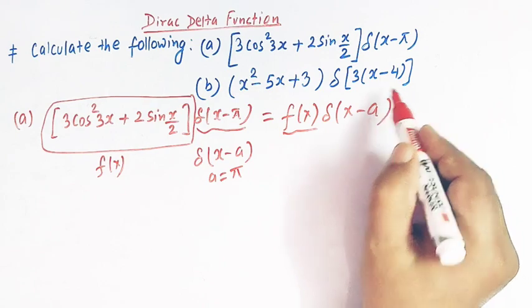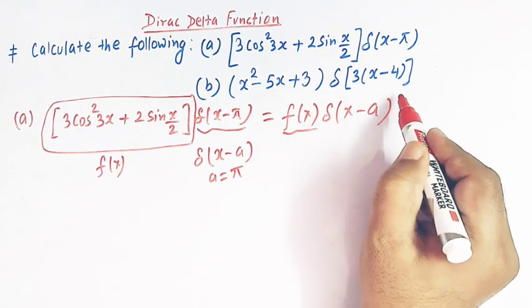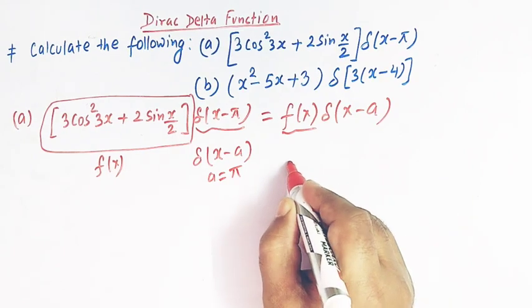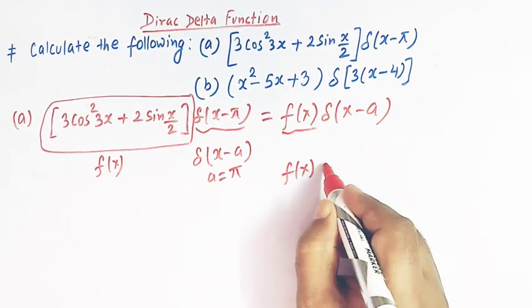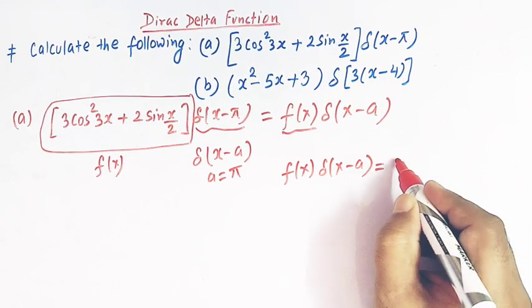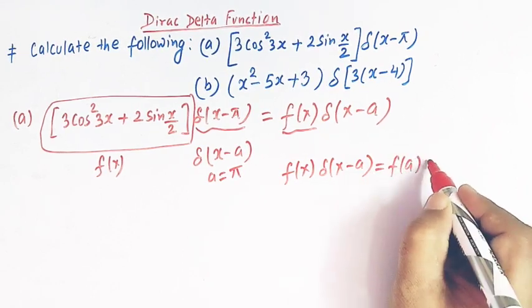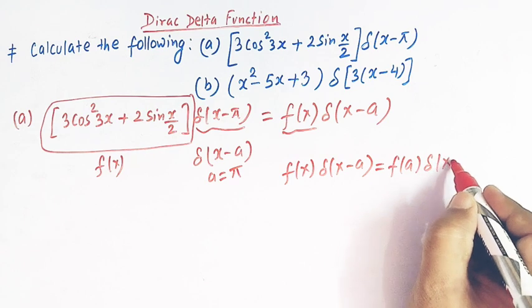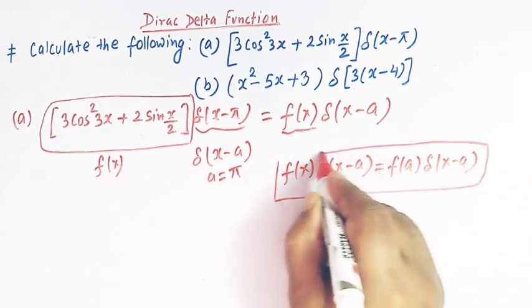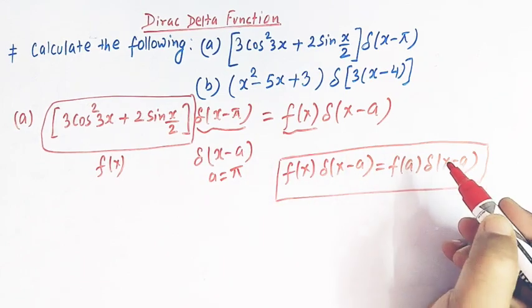Now we know an important relation in Dirac delta function: f of x delta of x minus a is equal to f of a times delta of x minus a. So this is an important relation in Dirac delta function.